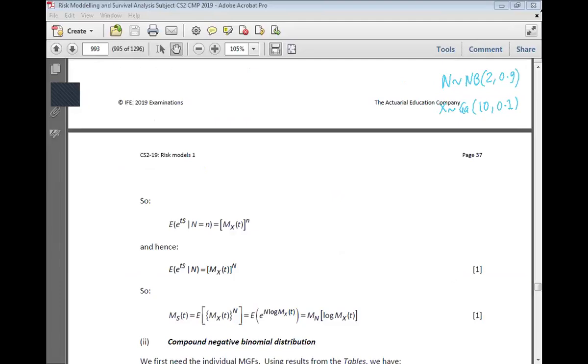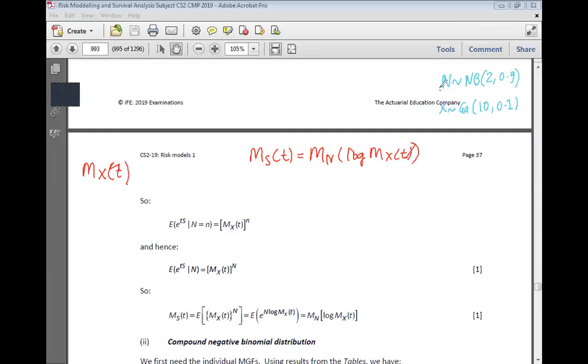If I have to figure out MS(t), what do I have to do? The simple formula is MN of log of MX(t), right? The very first thing that comes to our mind is that we should figure out what our MX(t) is. We know that my X follows gamma distribution. So let us see what its MX(t) is.